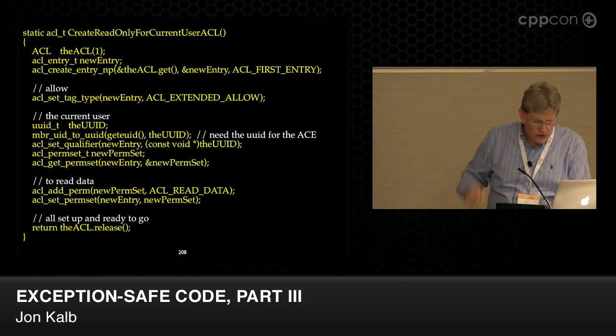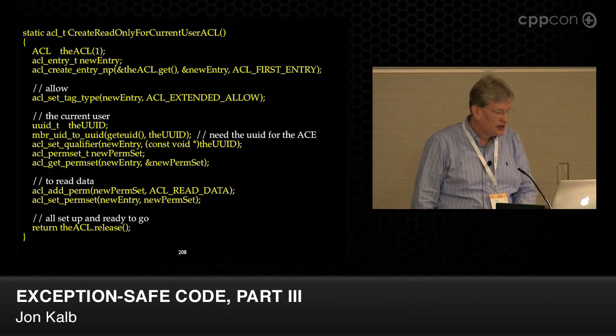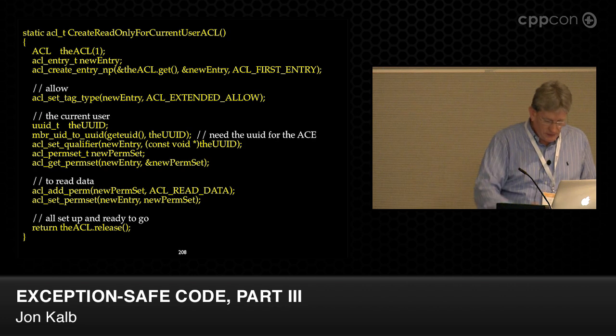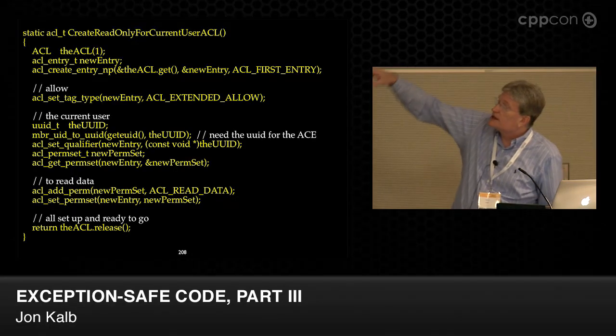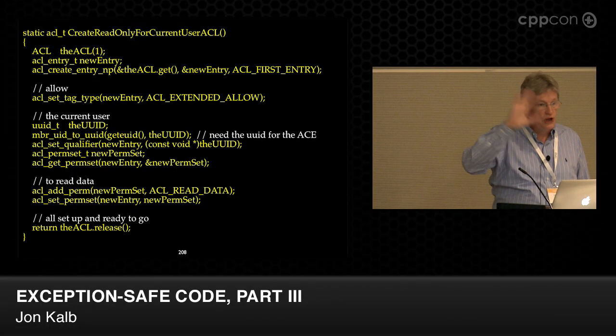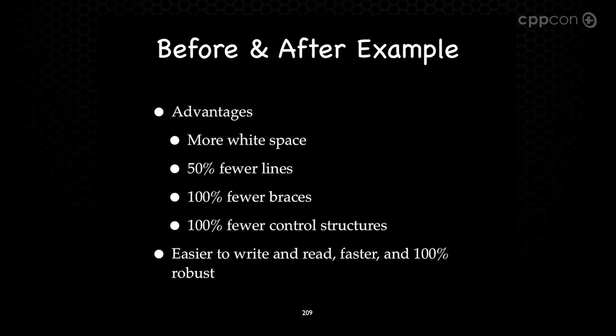So I want to make some observations about this. First of all, I don't know if you noticed, but I added some white space here. The original actually had no blank lines in it at all, but I've added some to make it a little easier to read. So there's actually more white space. There are 50% fewer lines. There are 100% fewer braces.